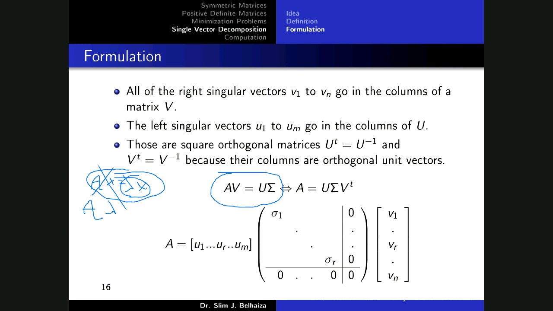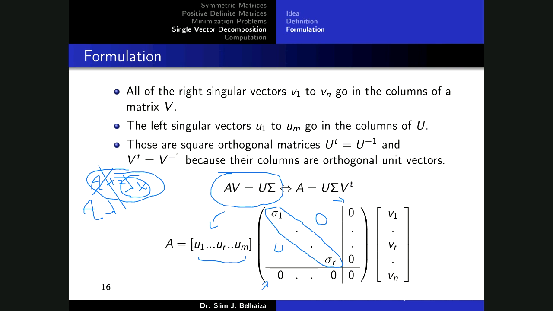And in a detailed form, it means that A, in fact, could be written as the matrix of U's, the vectors you were able to generate in Rm, multiplied by the sigma matrix, which is a diagonal matrix that contains all the sigmas on its diagonal. Everything above is 0, below is 0, and everything beyond r is 0, whether in columns or in rows.